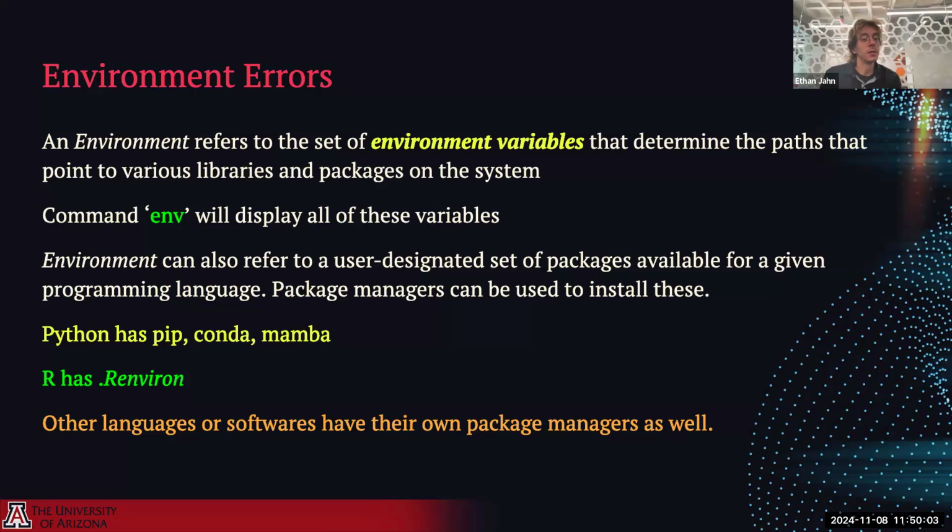The term environment can also refer to a user-designated set of packages for a particular programming language. And package managers can be used to install these. So for example, with Python, I can have my bash environment, that might be one thing that's going to be displayed with the env command, and then I might also have my Python environment. And together they form my total environment, but they refer to sort of different things.